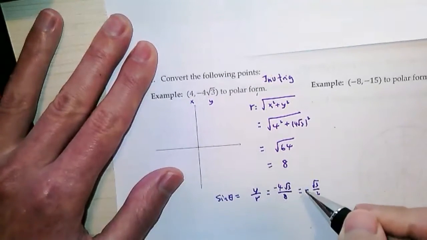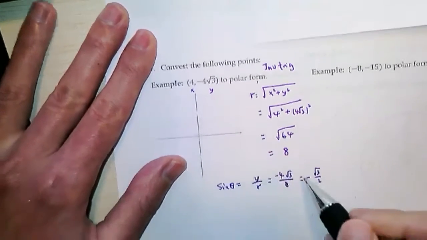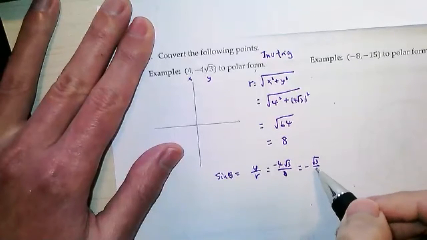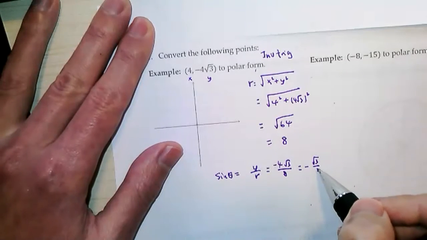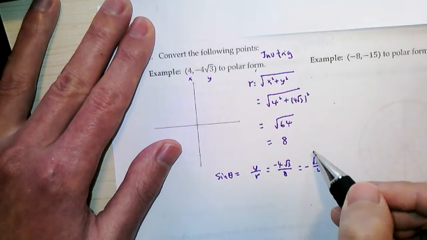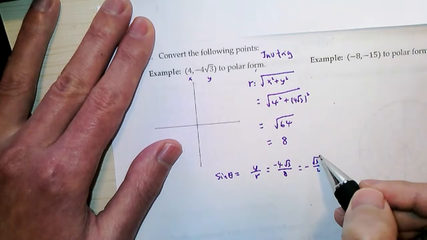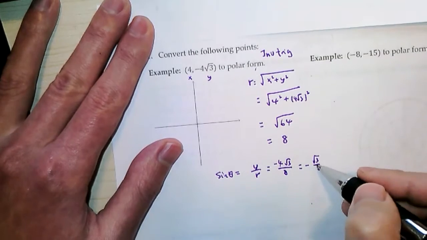So this is sine theta. So where is sine theta? Sine theta is this value. We are very familiar with this number, which means it has something related with pi over 3. Remember, sine pi over 3 is square root of 3 over 2. So we have a negative of that.